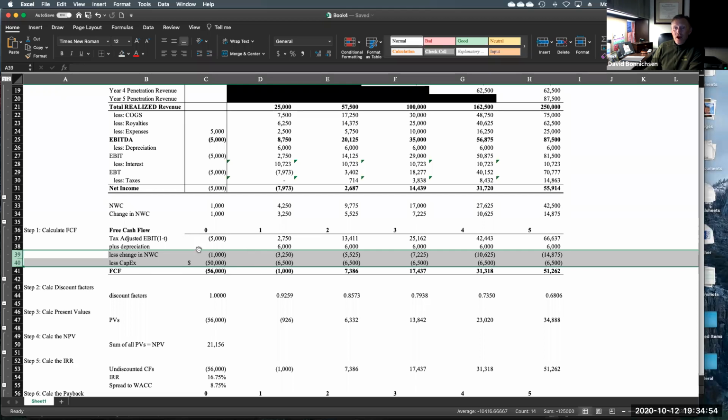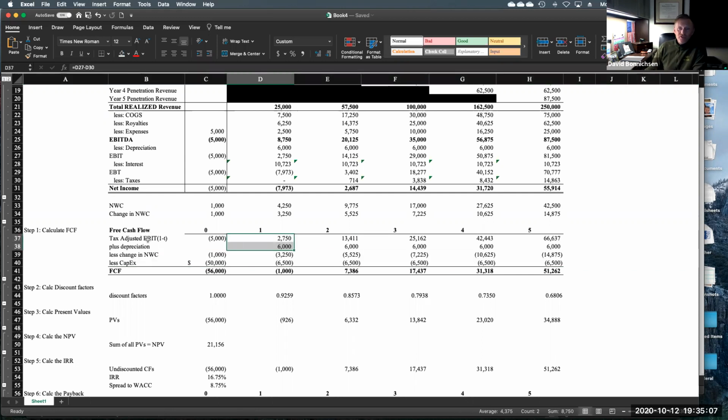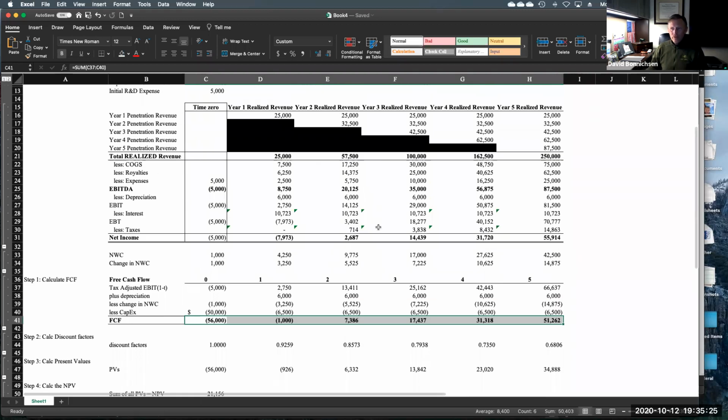The free cash flow for the midterm is simply going to be EBITDA minus taxes. Tax adjusted EBIT plus depreciation is EBITDA minus taxes. So we're going to be using what we talked about last week from the operating cash flow standpoint for our future value. So it's not going to require the level of complexity that we just went through here.